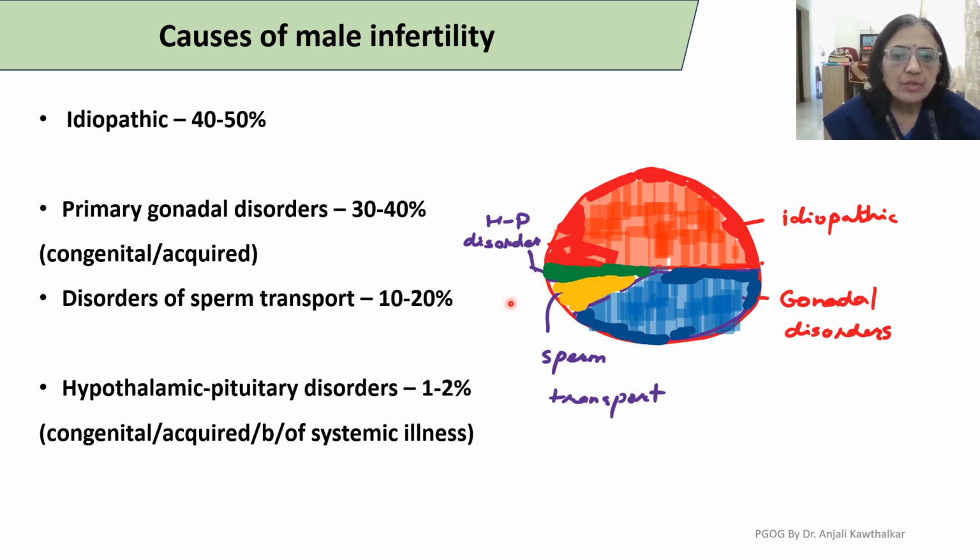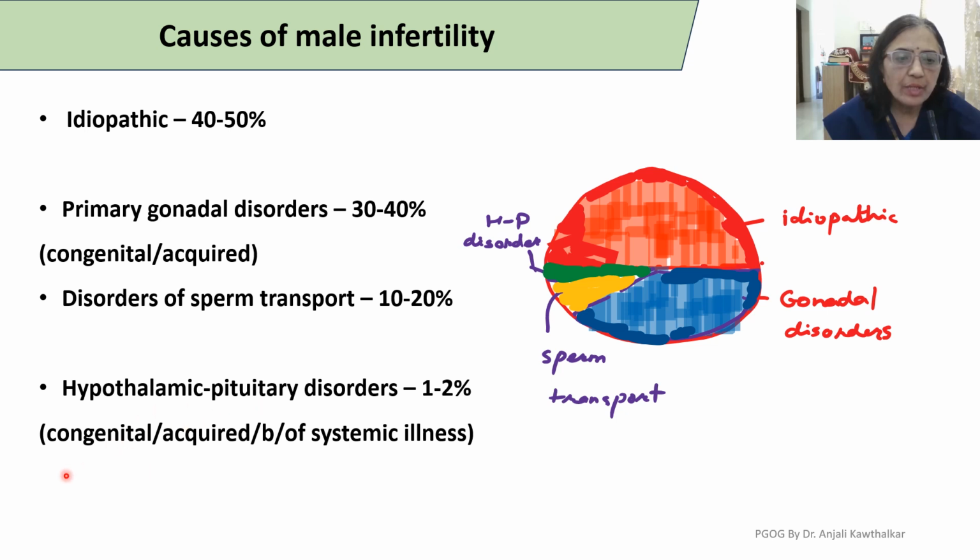The third group is disorders of sperm transport, contributing 10 to 20%, and a very small group, only 1 to 2%, is where there is a hypothalamo-pituitary disorder, such as a cerebral tumor which can affect fertility.